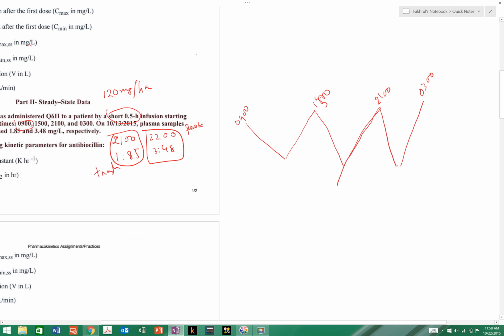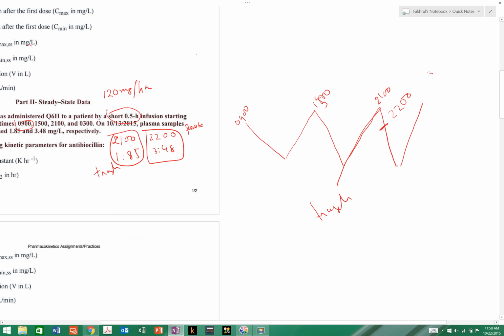This you take as the trough sample, and then the peak sample was taken at 2200 hour. So as you can see, these were taken in two different dosing intervals.